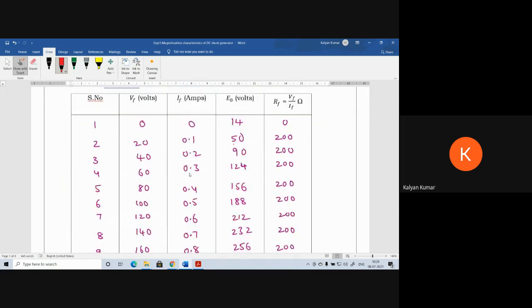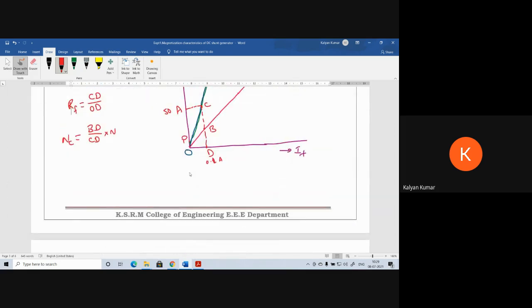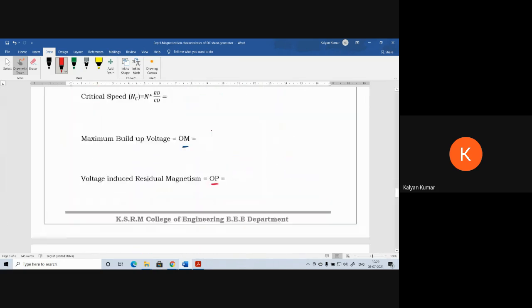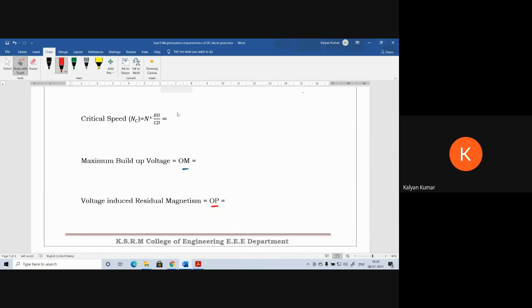Now, suppose it has intersected at around 20 volts. Then 20 by 50 into the speed at which the readings are taken.